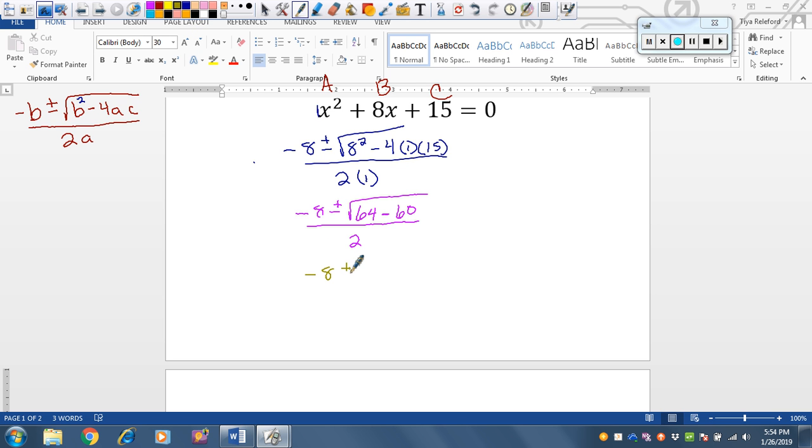-8 plus or minus square root of 4 divided by 2, -8 plus or minus 2 divided by 2. So now you have -8 minus 2 is -10 divided by 2. -8 plus 2 is -6 divided by 2.